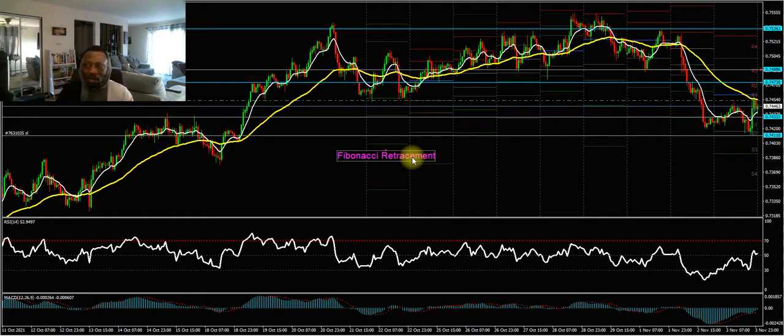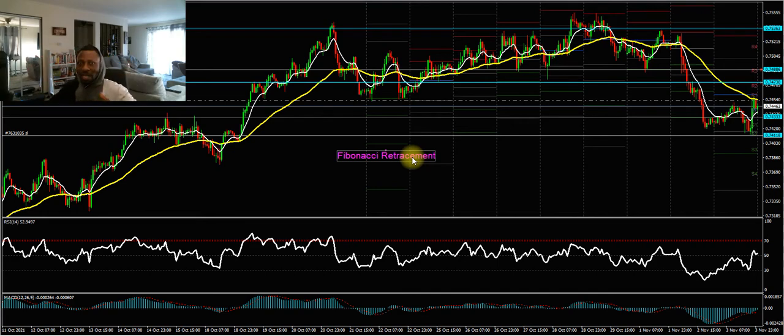So today I'm going to show us how I use the Fibonacci retracement tool. Like I said, I use it to actually know at what region it gets to before it comes back.